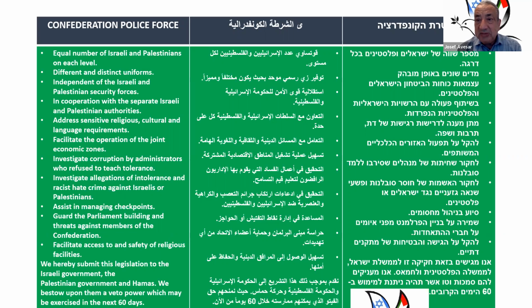If it hasn't passed by both sides, and it did not overcome a veto power, it does not have the power to act. So the Confederation police force cannot go into Gaza and arrest Palestinians for stealing a car. They cannot go to Tel Aviv to arrest Israelis for stealing a car. They can only act based on the jurisdiction that is specifically given to them.